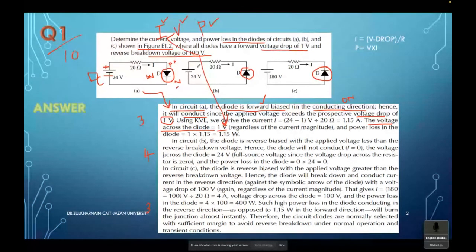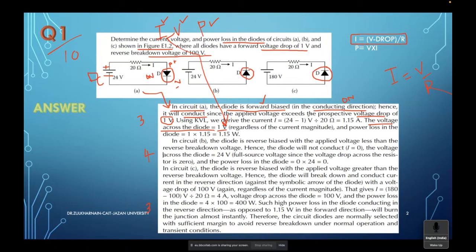Next, you have to find what is the current. So current, always remember, is given by the law: voltage by resistance. This law always applies. Current is equal to voltage by resistance. Here in this circuit, we have a diode, so voltage is dropped because of the diode, which he has given as 1 volt.